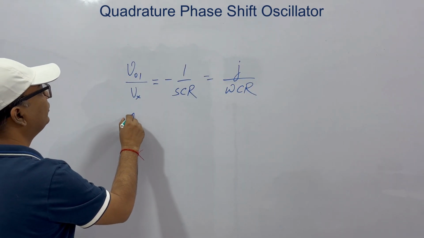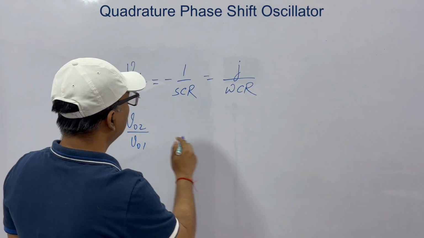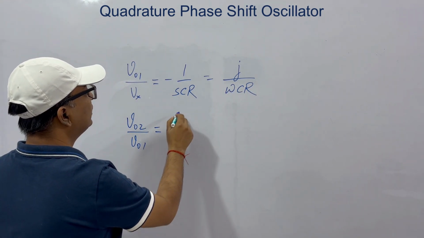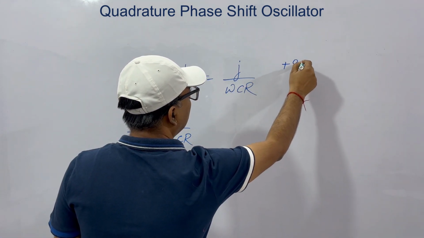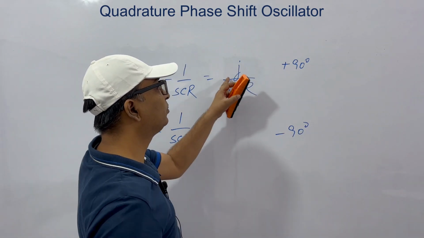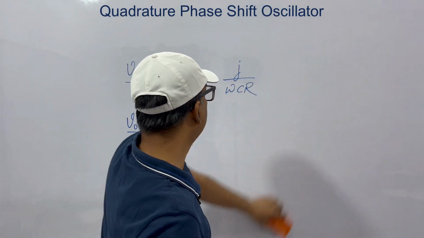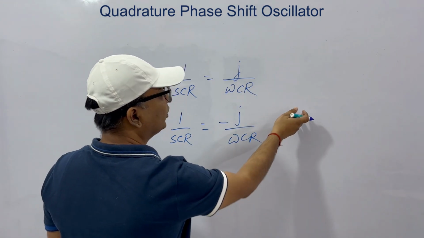Okay, and VO2 by VO1, that is the second one. Here what we have is 1 by SCR. Why? This gives a shift of plus 90 degrees and this gives minus 90 degrees. So this j actually denotes plus 90 degree shift. So what we get here is minus j by omega CR for minus 90 degrees.